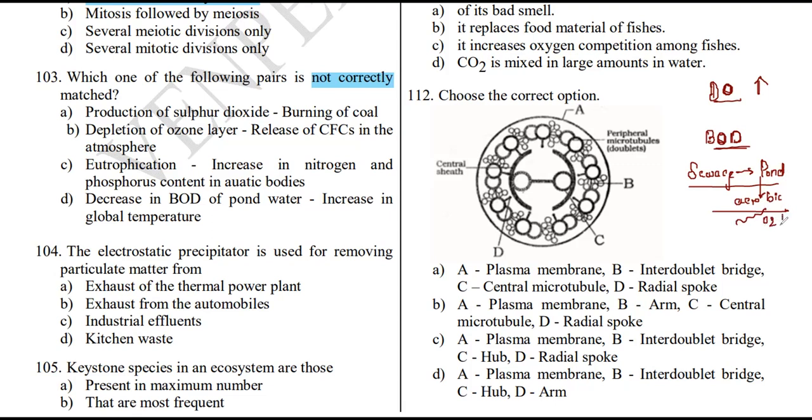Since all the bacteria are utilizing oxygen, there is a deficiency of oxygen. So oxygen becomes less, but all the other organisms living in water want oxygen. So there is biological oxygen demand. The demand increases whereas the amount of oxygen decreases.